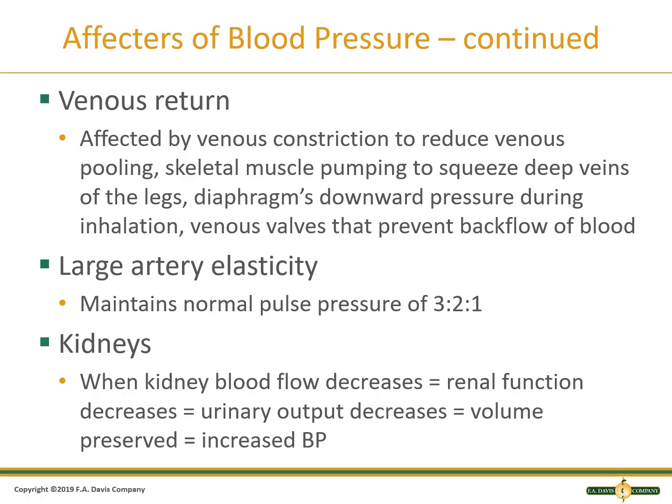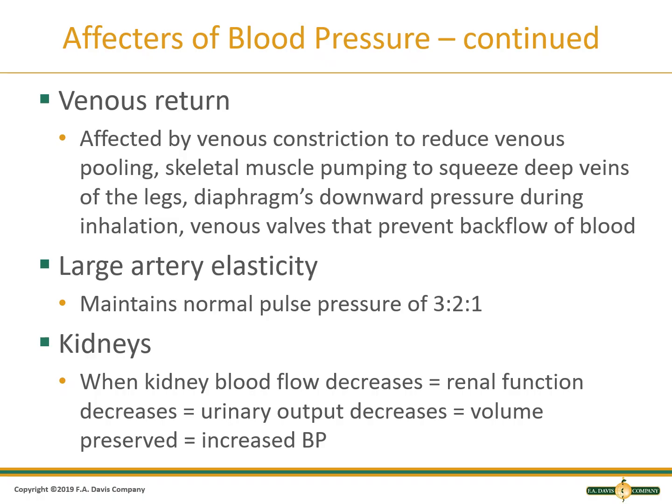Another effector of blood pressure is large artery elasticity. It helps to maintain normal pulse pressure, and that pulse pressure is the difference between systolic and diastolic pressures. That usual ratio is 3 to 2 to 1. So 3 tends to represent the arterial pressure, that's systolic pressure. 2 tends to reflect that diastolic pressure, and then the difference is going to be the 1.